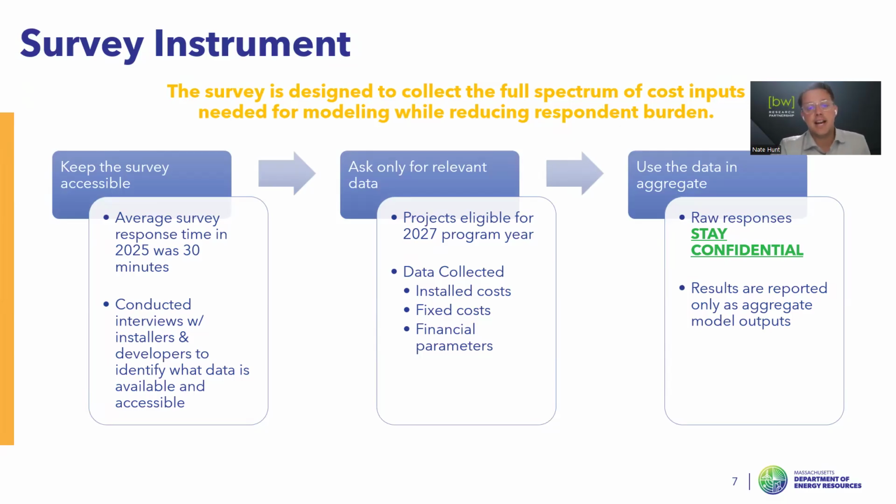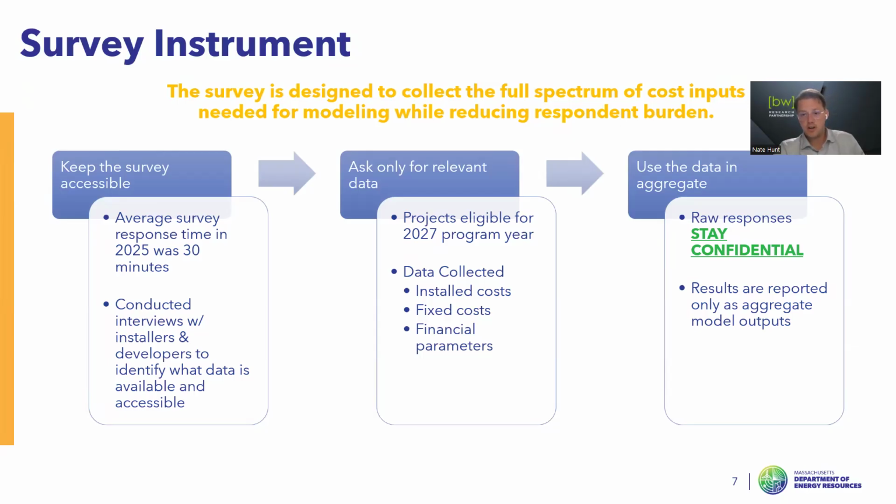Ultimately, we're really only asking for the most relevant data. We want to know about projects that are really only eligible for the 2027 program year. And the data that we're collecting falls into three primary buckets.